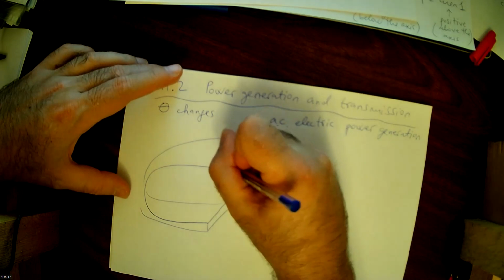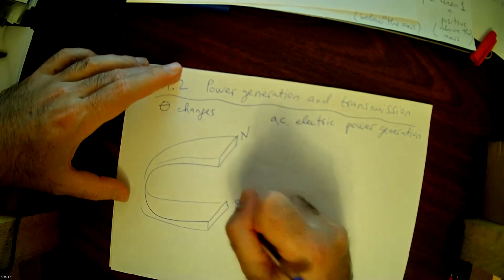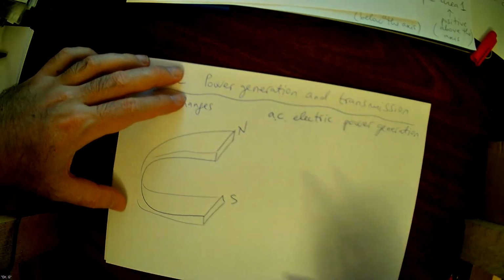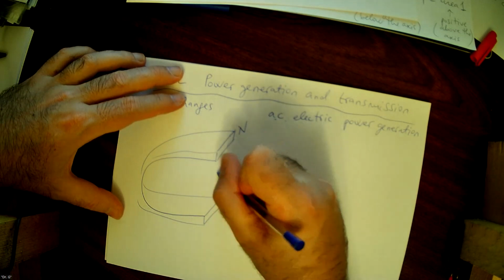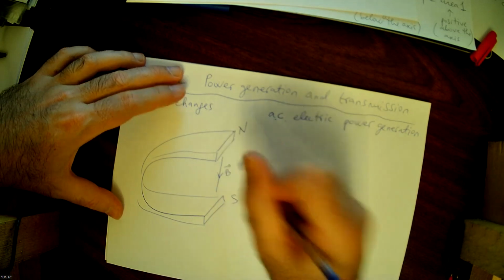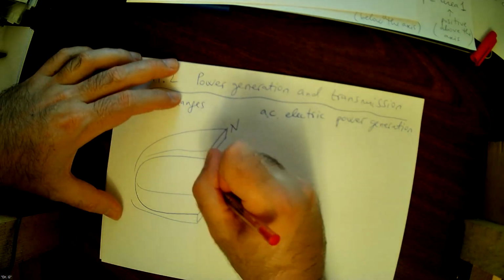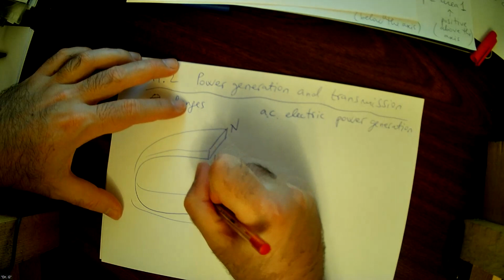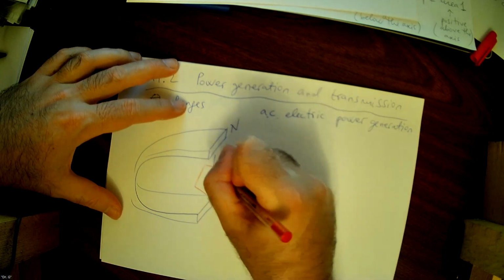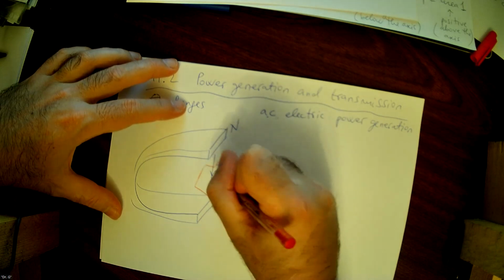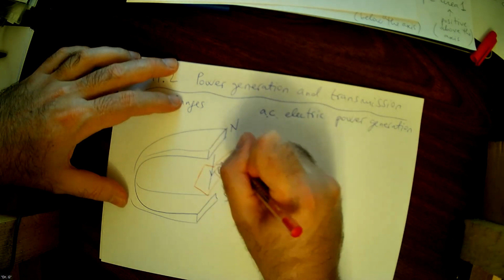North, south. Field lines from north to south. And here, inside the magnet, I have the coil that rotates.